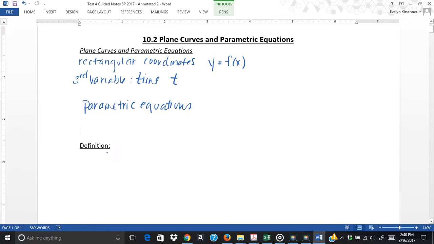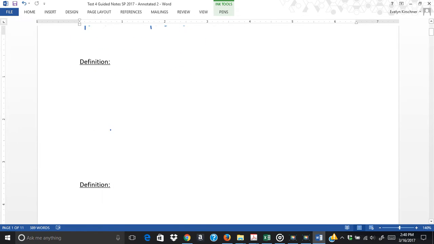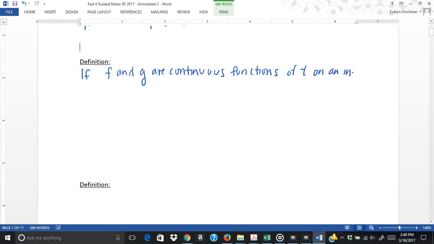So I have a definition. If f and g are continuous functions of t on an interval I, then I have the equations x is f of t and y equals g of t.